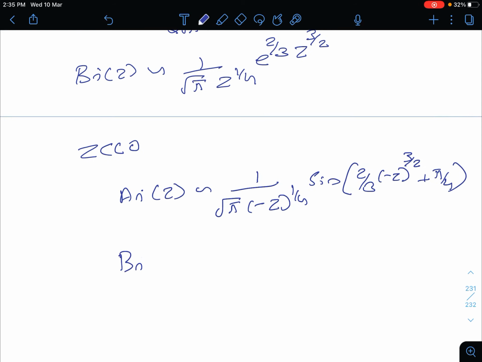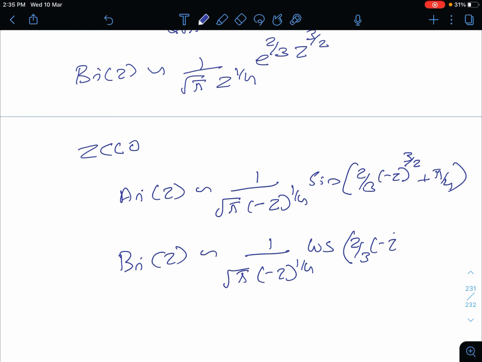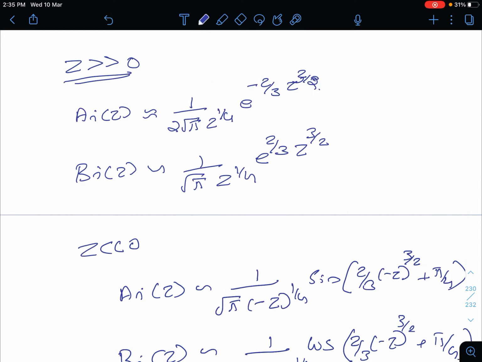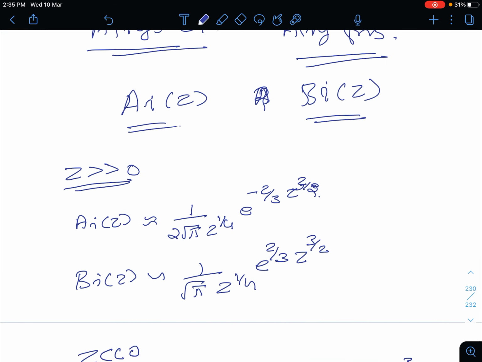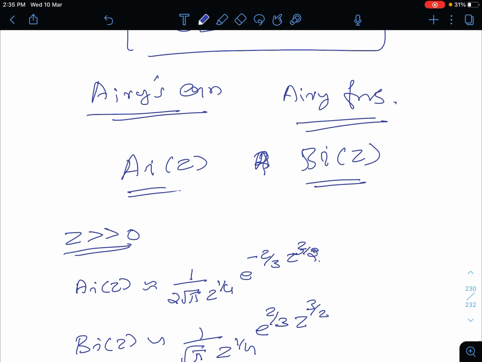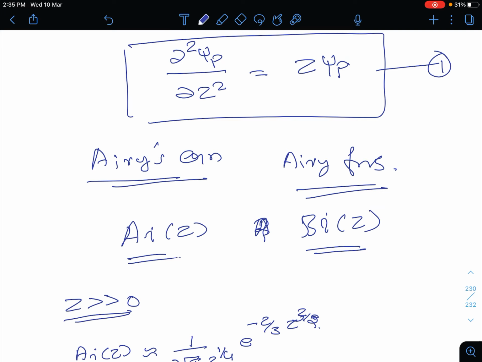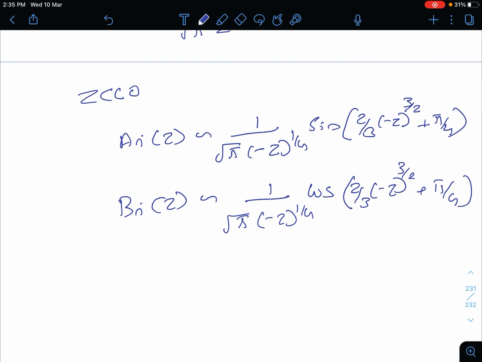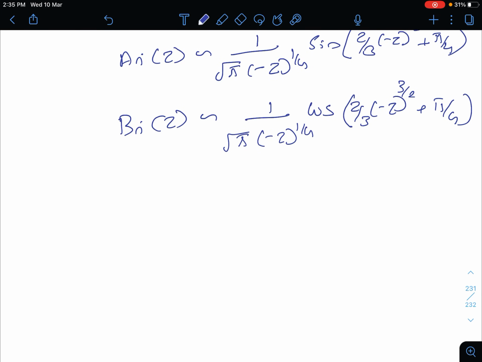And Bi of z is approximated to 1 by root pi minus z all raised to 1 by 4, cos of 2 by 3 minus z all raised to 3 by 2 plus pi by 4. So these are the approximate Airy functions of the Airy equation, and a linear combination of these are the solutions.